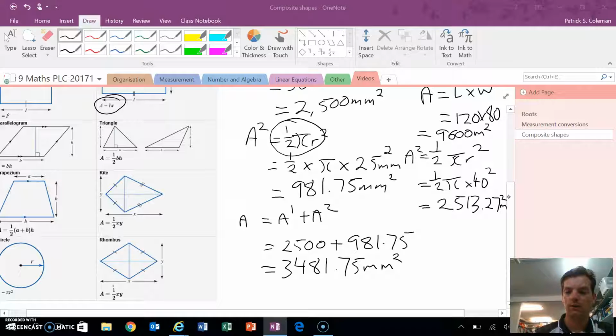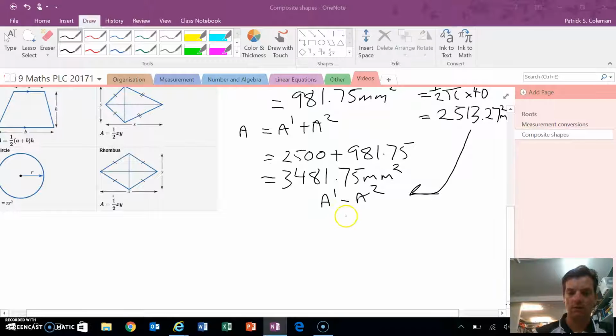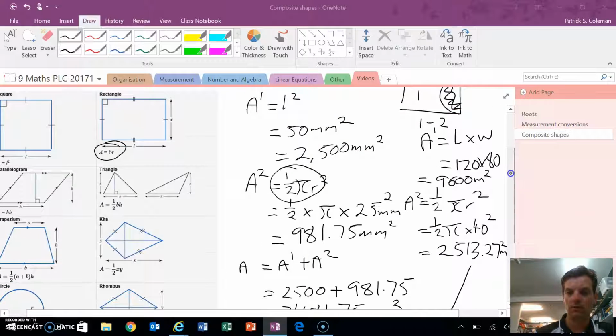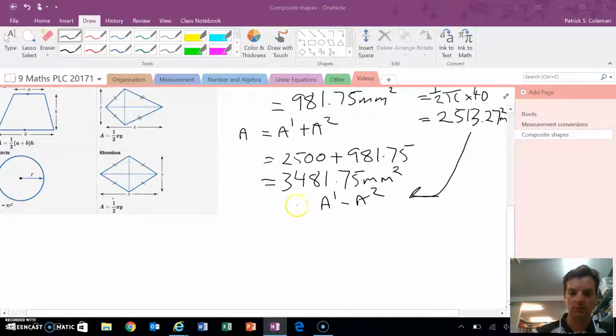So to finish off, I'm just going to jump down here to give myself a little bit more space. It's going to be area 1 minus area 2. So area 1, scrolling back up, is 9,600 minus 2,513.27.